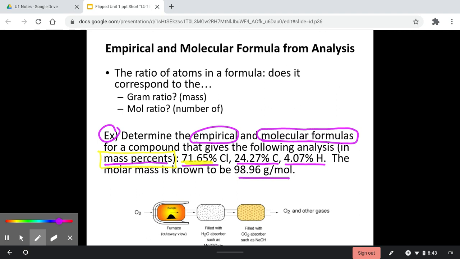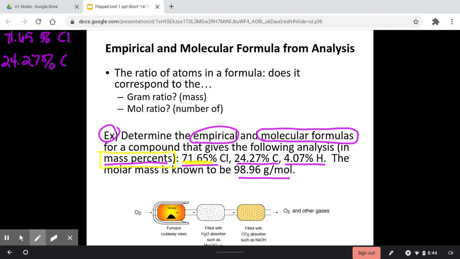So we're going to start. Let me just set up this information. We have not a whole lot of space here, but let's do our best. 71.65% chlorine, 24.27% carbon, and then 4.07% hydrogen.